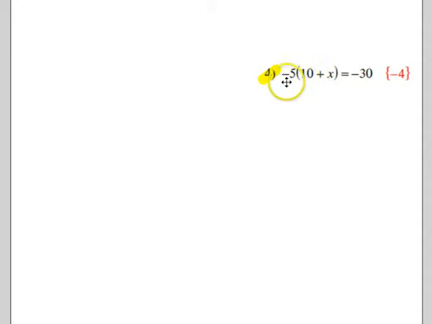So that means this -5 that's being multiplied is a later step. If I unwrap in the opposite order of PEMDAS, then I want to unwrap that -5 first. If it's being multiplied, I divide -5 away. Divide both sides by -5, cancel the -5's on the left, and I'm left with 10 plus x is equal to 6.